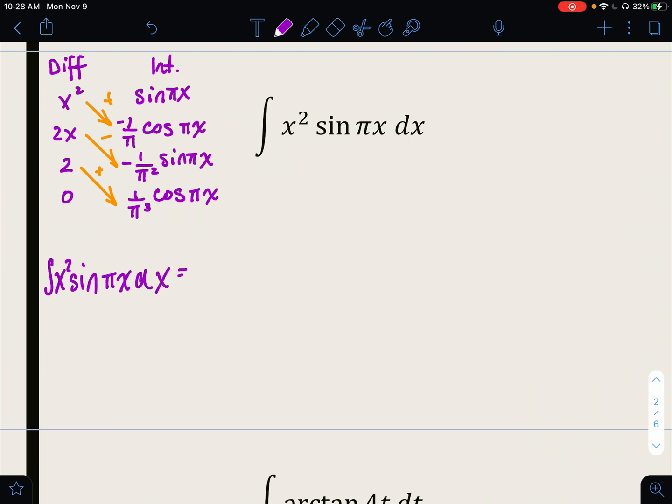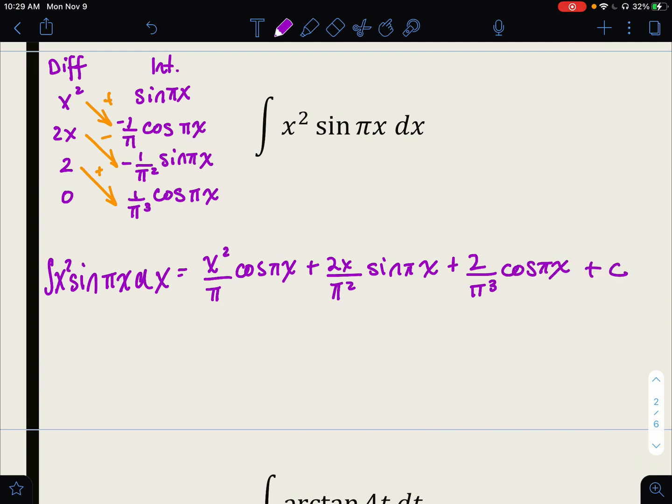And this is, if I multiply everything together, x squared over pi cos of pi x. We have a minus and a minus, so it becomes plus 2x over pi squared sine of pi x plus 2 over pi cubed cos of pi x plus c. And sorry, I forgot that there should be a negative in front of that first term there.